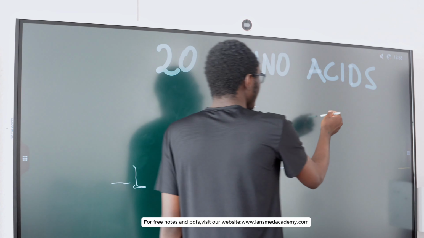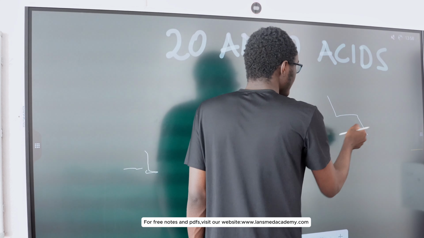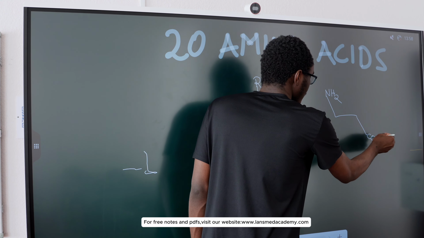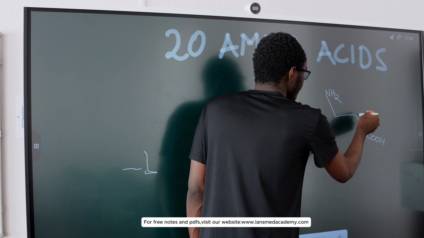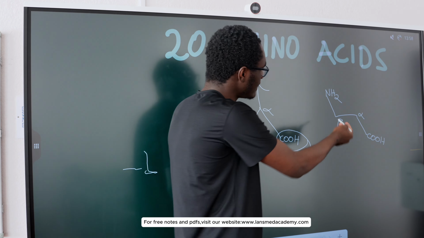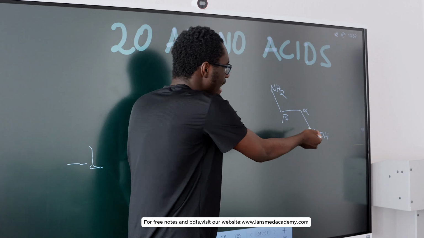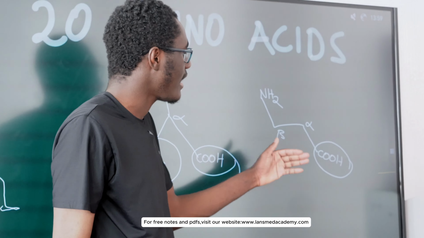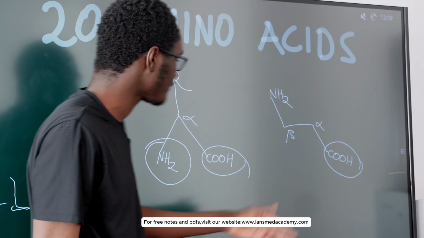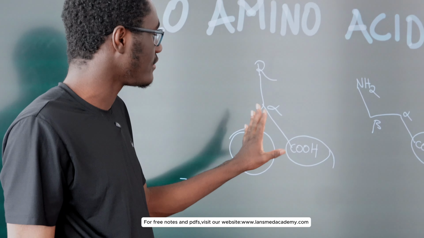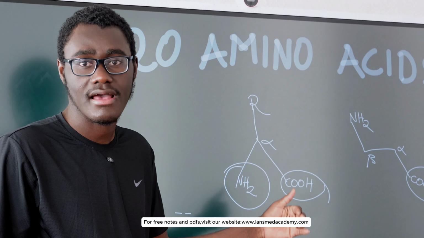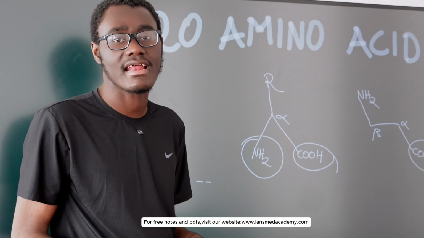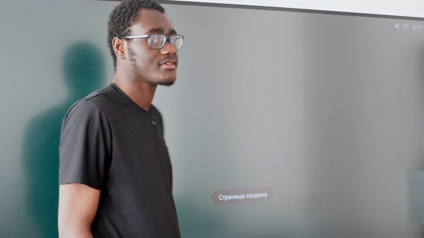If, for example, you have a structure like this, the amino group is attached to the second carbon after the carboxylic acid group, so it's said to be a beta amino acid. So, mainly, the 20 amino acids are alpha amino acids, with the exception of proline, which is mostly classified as an amino acid. Let's start with the first amino acid.